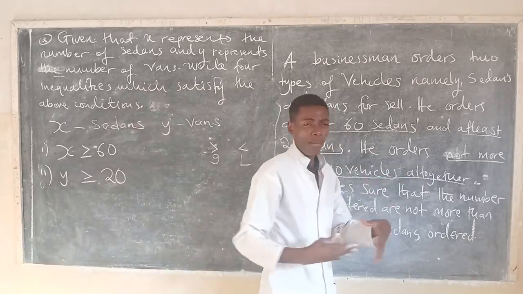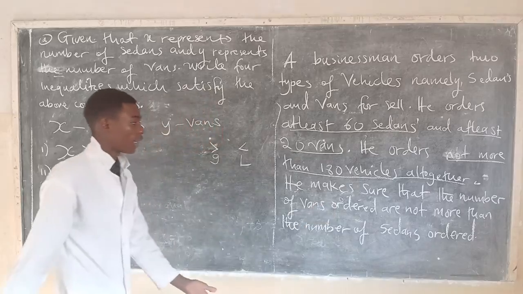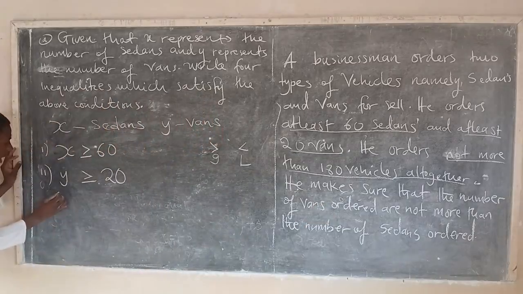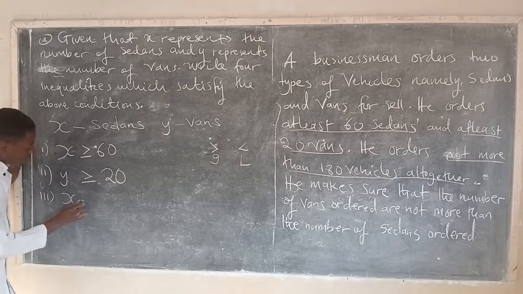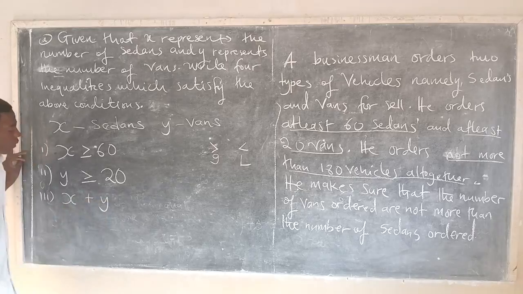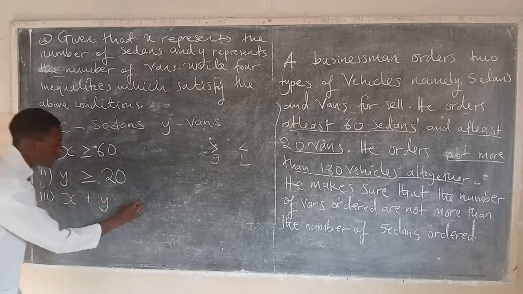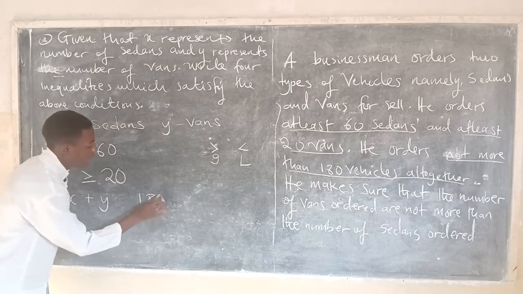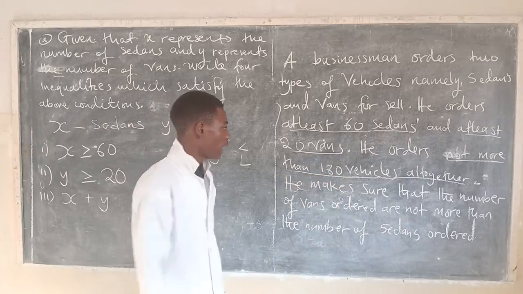Altogether means the sum, or when you add them, they should give you whatever they want. So we have our third inequality, since altogether means we are adding. We are going to say X plus Y. First, let's put 180 vehicles.